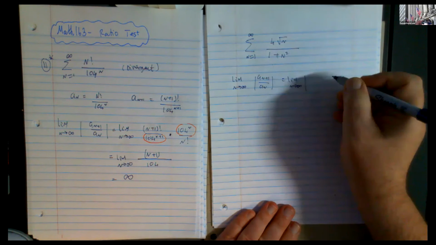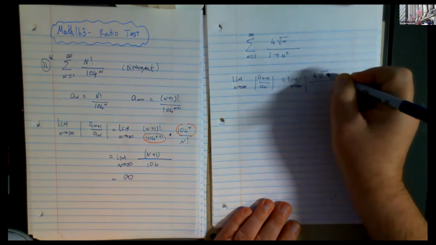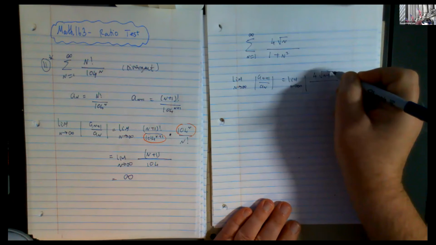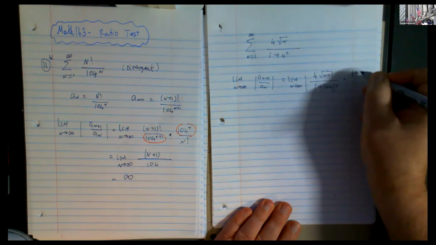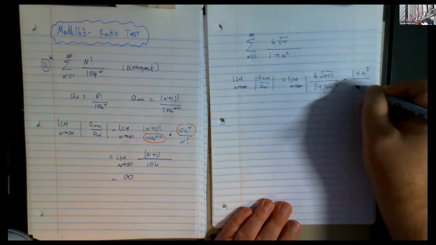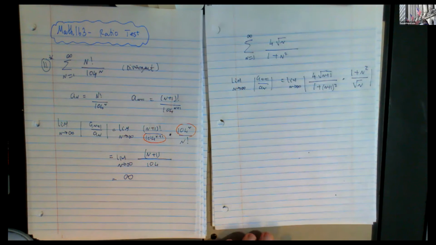I don't need the absolute value, but too late now. 4 square root of n plus 1 over 1 plus n plus 1 squared, over 4 square root of n over 1 plus n squared. And there should be a 4 somewhere. Yeah.